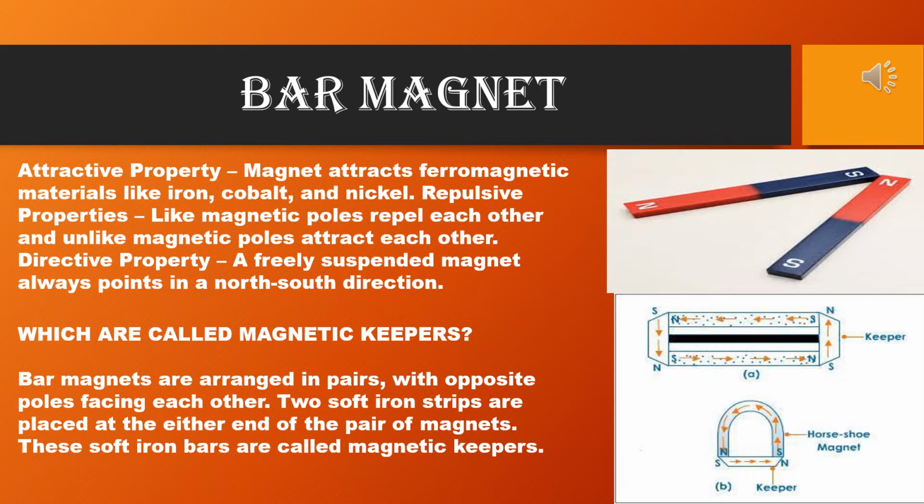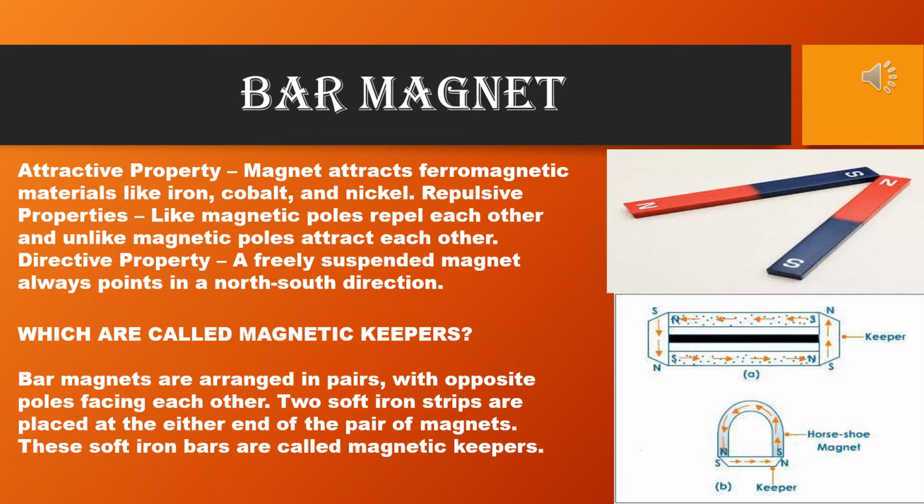These soft iron bars are called magnetic keepers. See the second diagram. Two bar magnets are facing each other, but opposite poles are facing each other, north south and south north. So magnetic keepers are in between them. And in case of horseshoe shaped magnet also, you can use magnetic keeper.